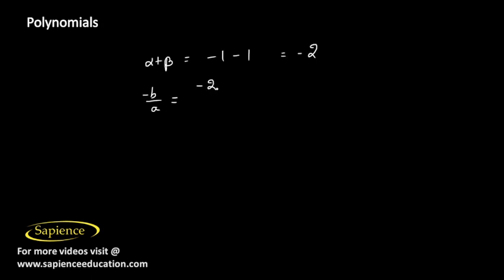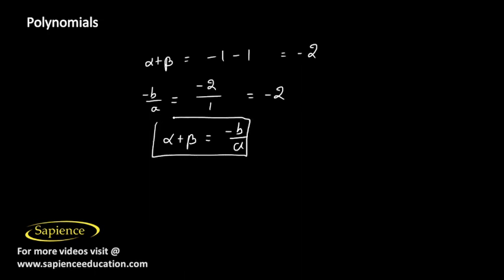So minus 2 by 1, which is equal to minus 2. Hence we have proved alpha plus beta is equal to minus b by a. So this relation we have proved.